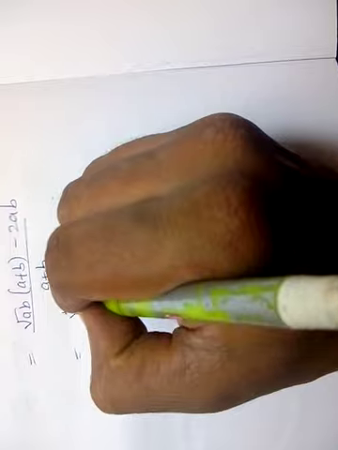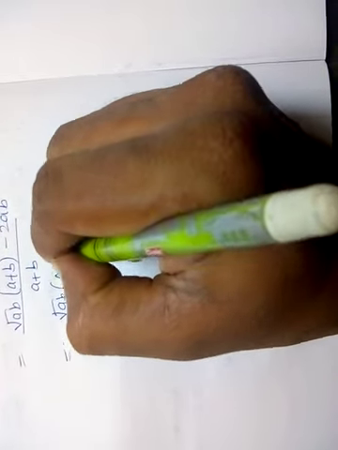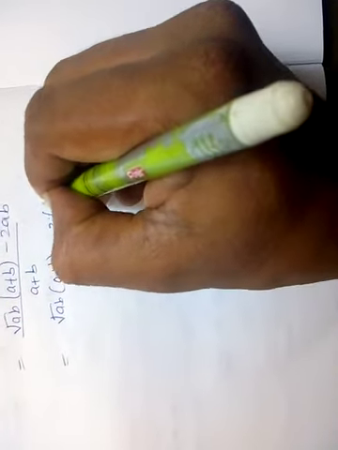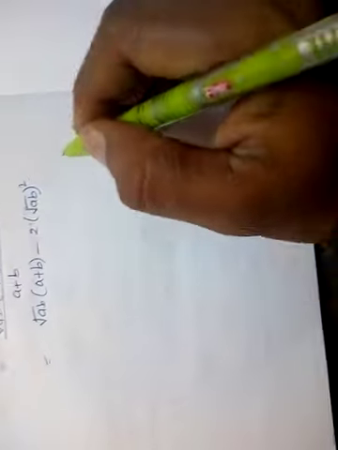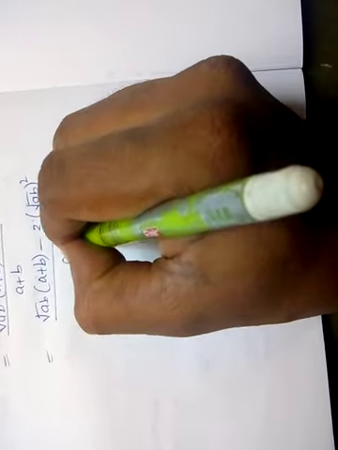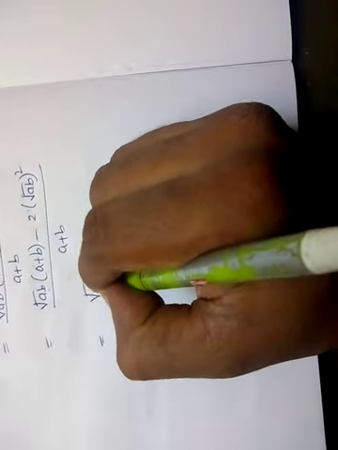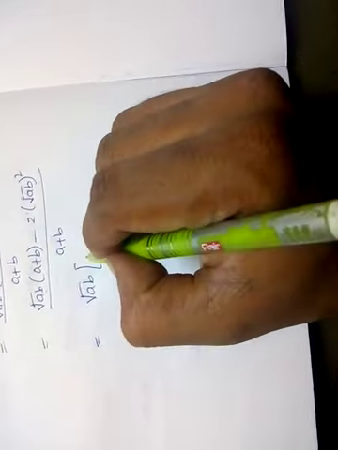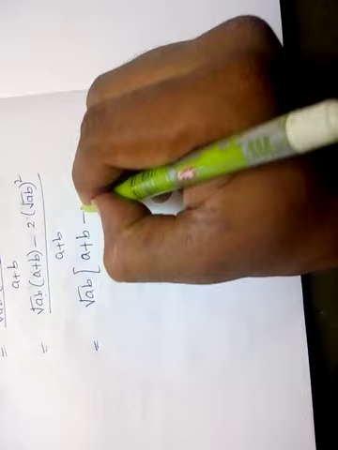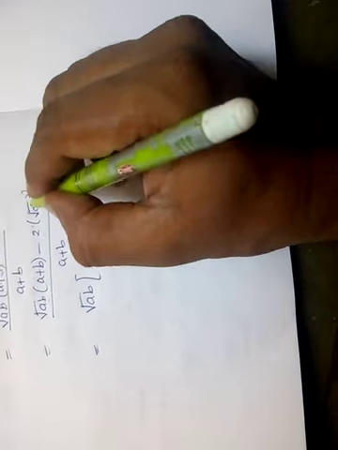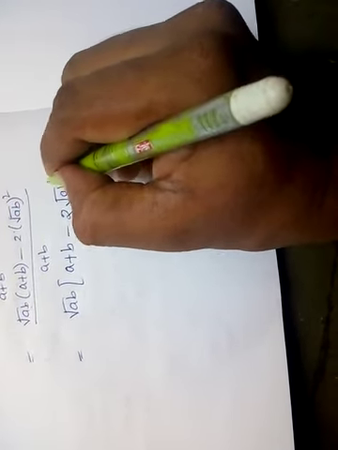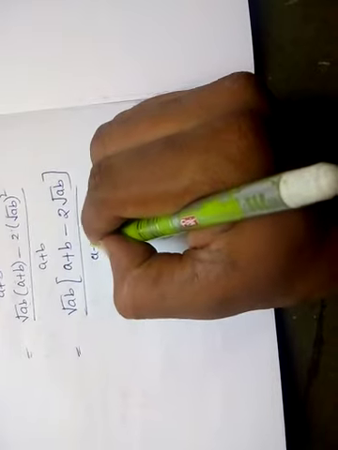Here 2AB can be written as 2 into (square root of AB) whole square by (A plus B). So from the numerator, which one is common? Square root of AB is common. The left term is A plus B minus 2 into square root of AB, by A plus B.